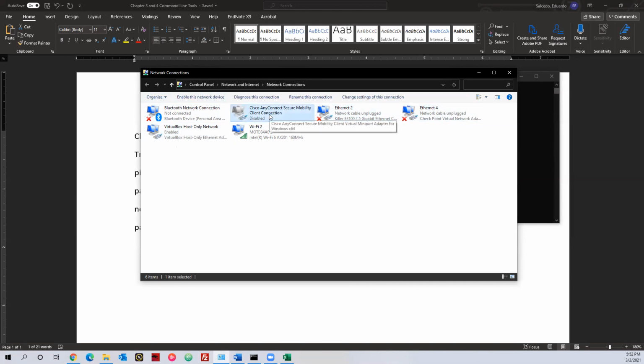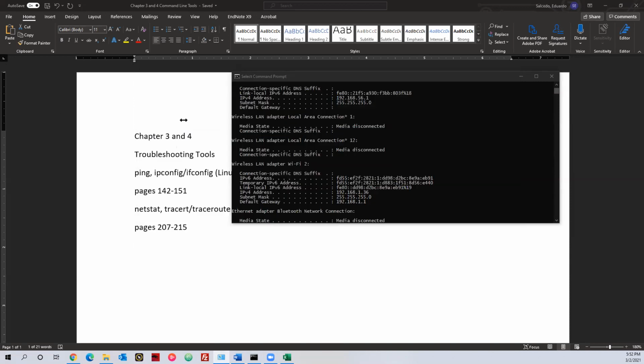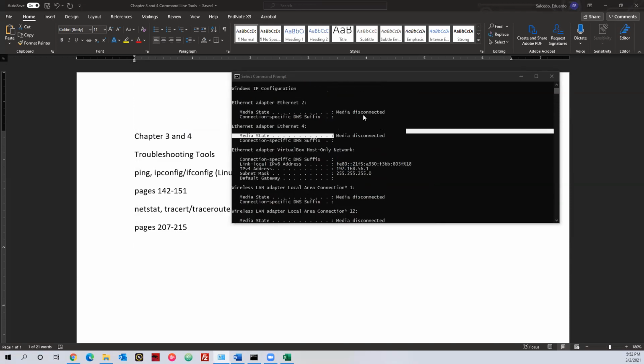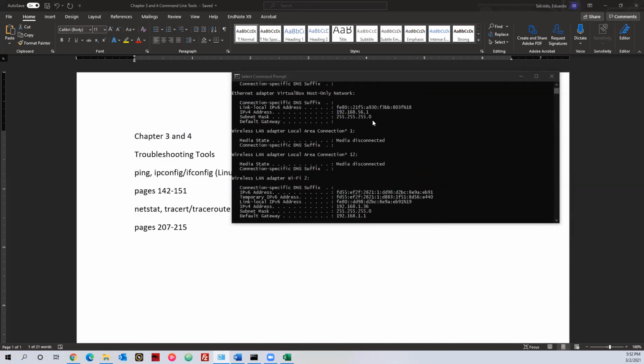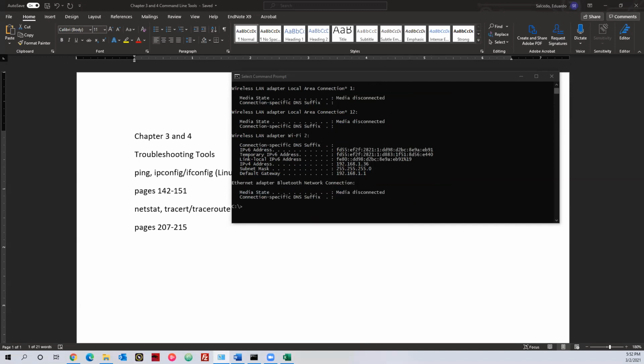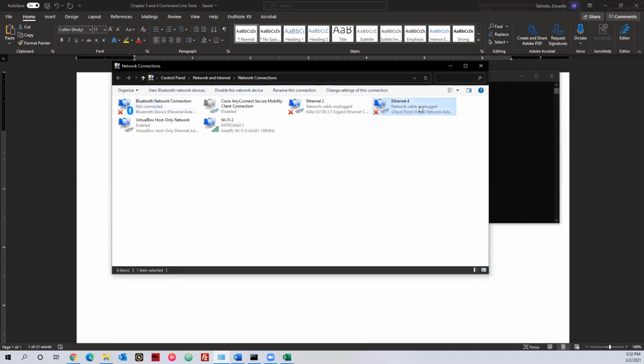There's a lot of connections I don't really use. I use this one, and I use this one, and the rest I maybe should kill, but I have them there. So that's where the media disconnected come from. 1, 2, 3, 4, 5 disconnected, right?